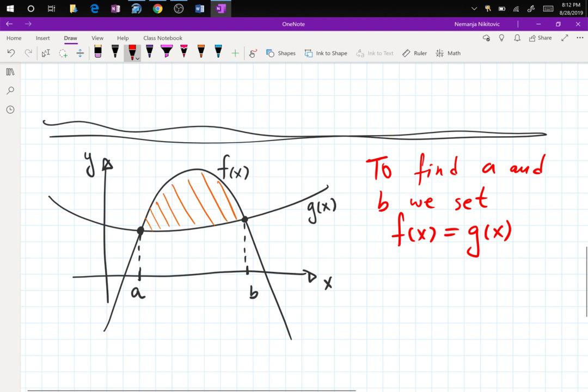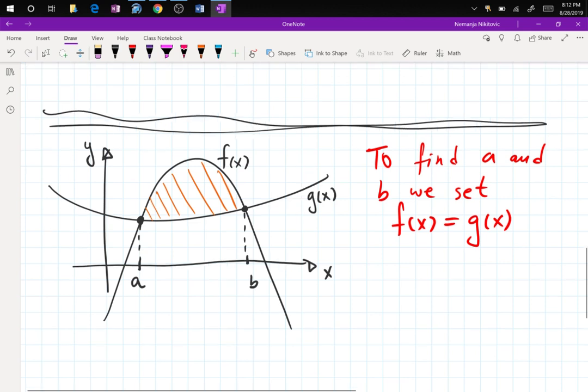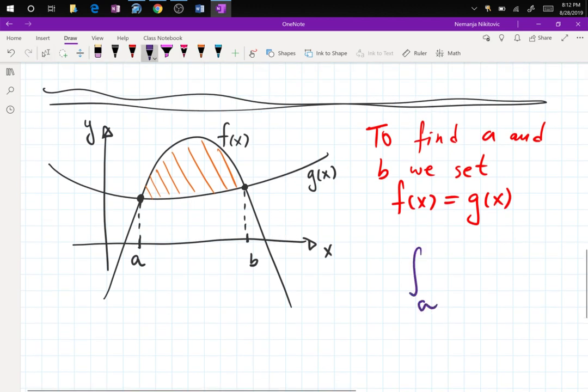If the functions intersect, then the points of intersection will give you A and B. Now, sure, if someone comes along and says, well, I want just this piece over here, well, then they gave you the point at which the cutoff is. You still have to calculate A on your own. So that's the easy part. Set two functions equal to each other to calculate A and B. Guys, those are the A and B on the integral, right? That will go on the limits.